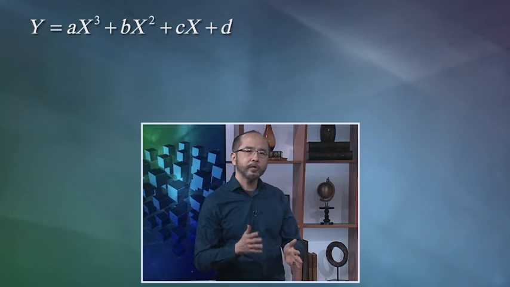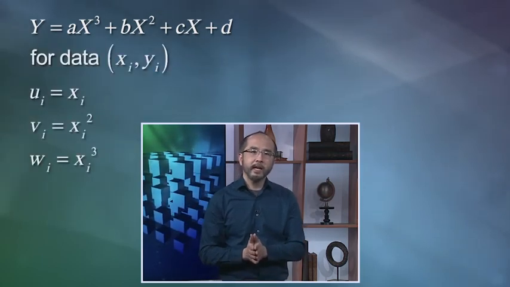Then we assume y equals a x cubed plus b x squared plus c x plus d, and we're interested in solving for the coefficients a, b, c, and d. Well, the key here is to realize that y depends in a linear way on x cubed, x squared, x, and 1.